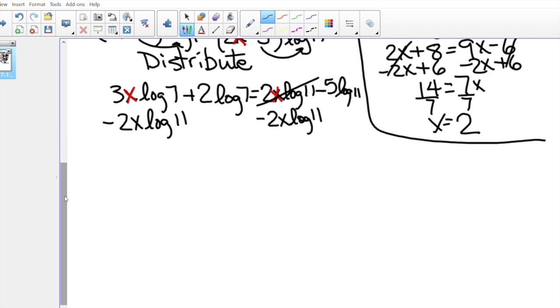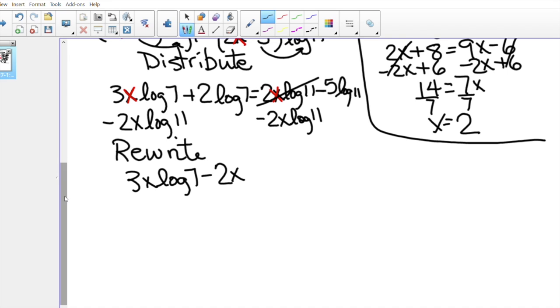So, what we're going to do then is to rewrite 3x log 7 minus 2x log 11. Now, this right here should be written x, but it does not have an x.